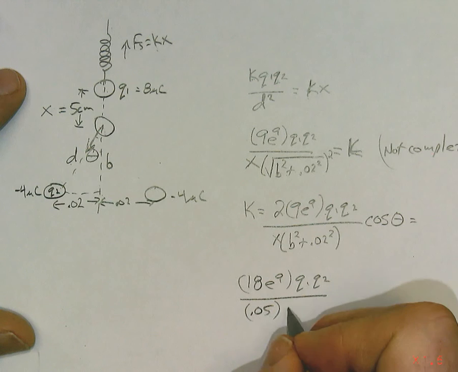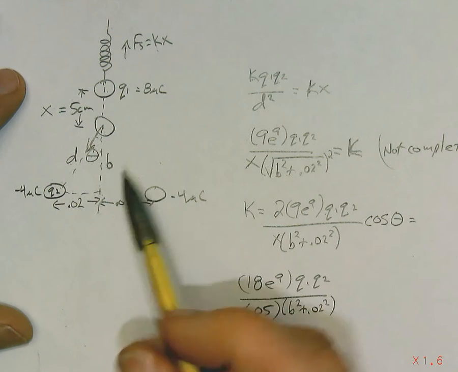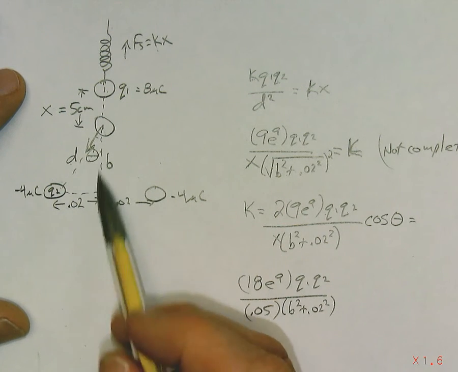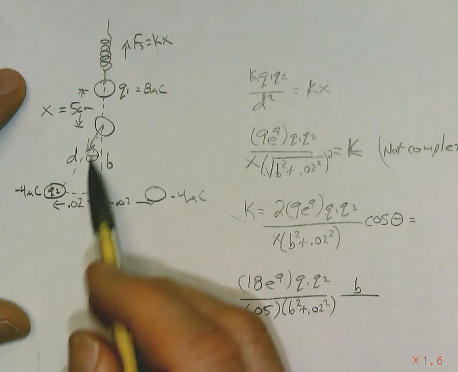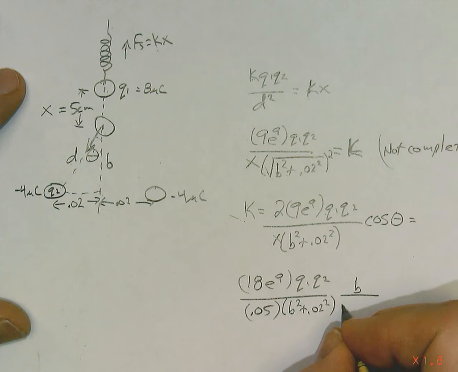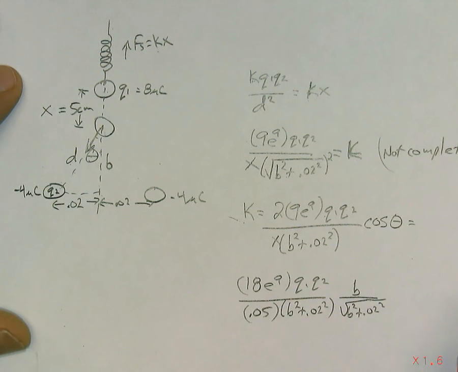That's the x. Everybody has their own b. B squared plus 0.02 squared, cosine of theta. Cosine of this angle, adjacent, so that's b over hypotenuse, and the hypotenuse is the square root of b squared plus 0.02 squared. Oh my gosh. All right, and so that's equal to k.